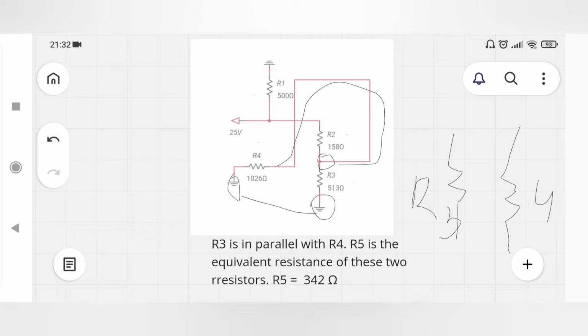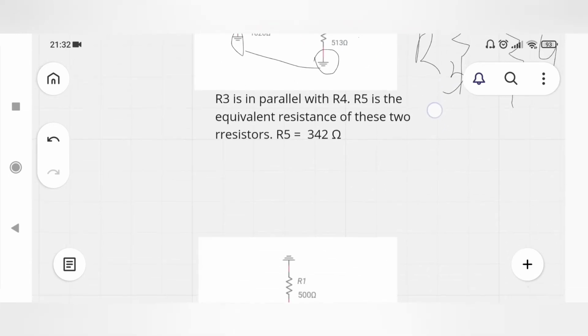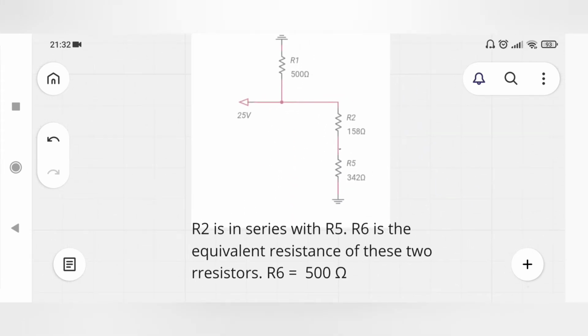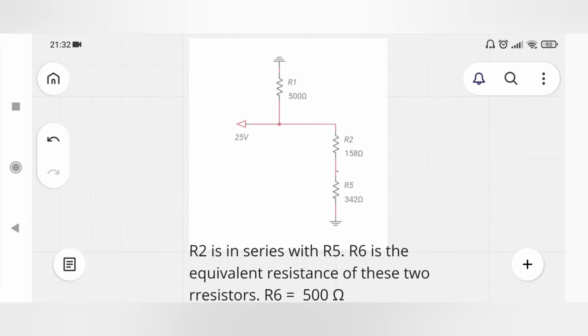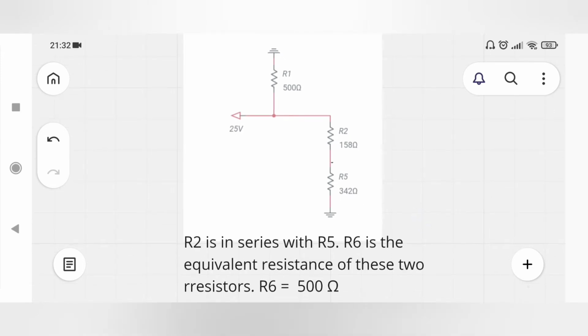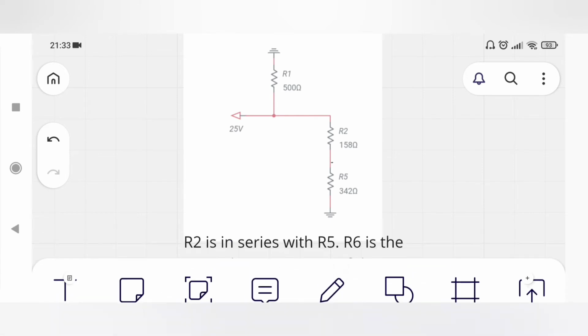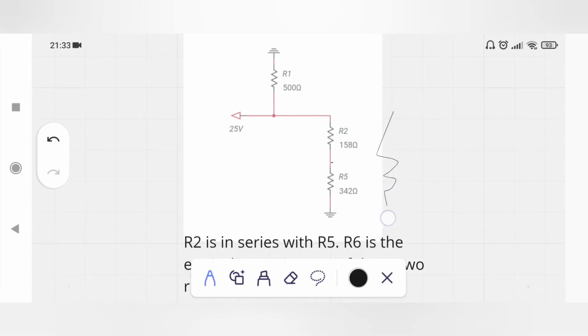So the equivalent resistance is 342 ohms. The circuit is redrawn here, and now R2 is in parallel with R5, and we replace them with a single resistor R6, which is equal to 500 ohm.